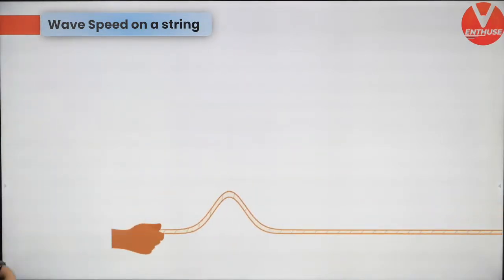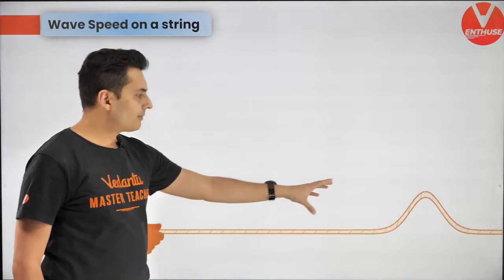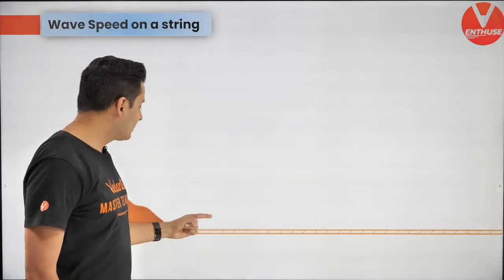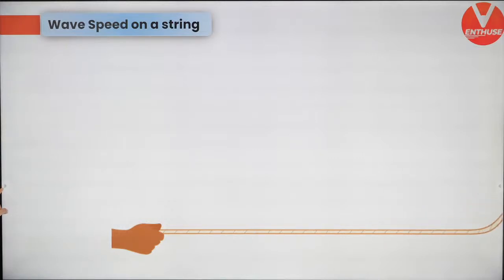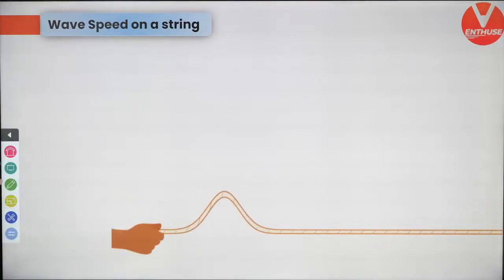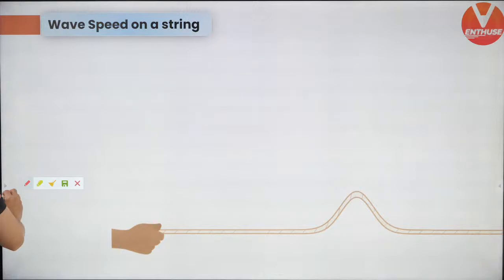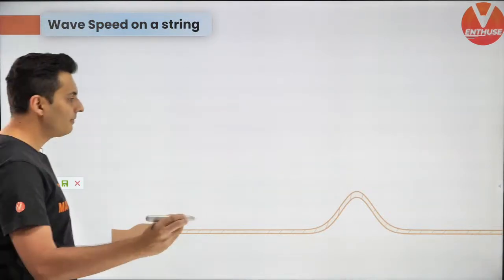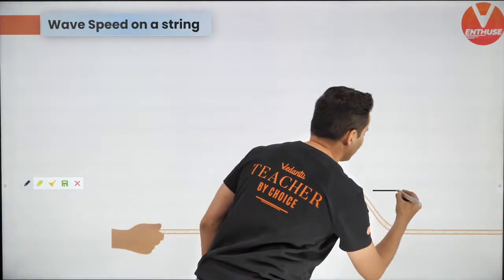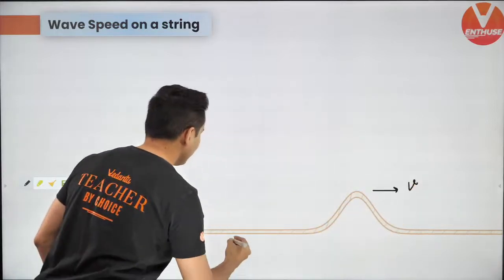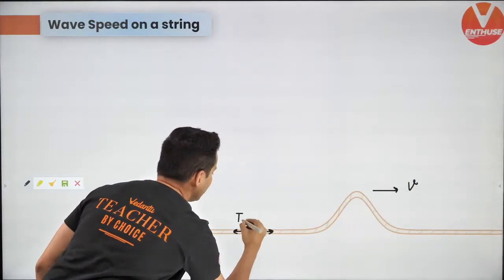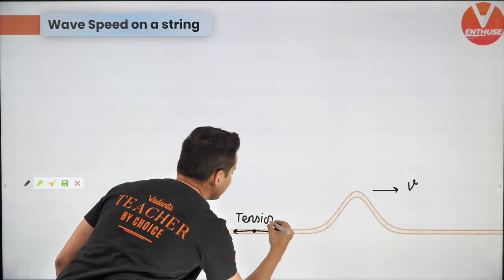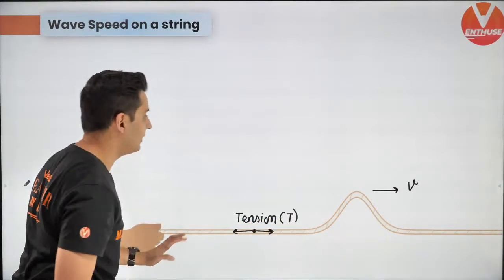Wave speed. If you generate a wave on a string, the wave travels with a certain speed, and that wave speed depends on, first, obviously the tension. Whatever the tension in that string is, that tension decides the wave speed.